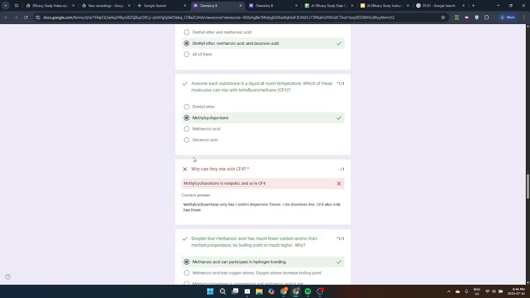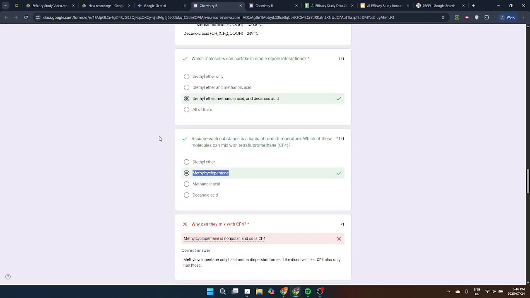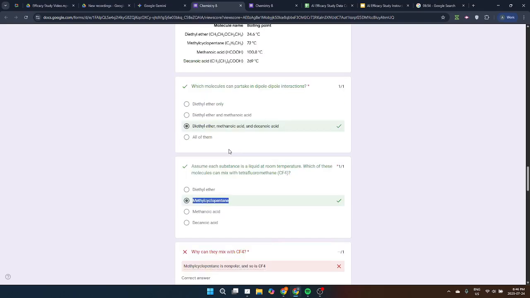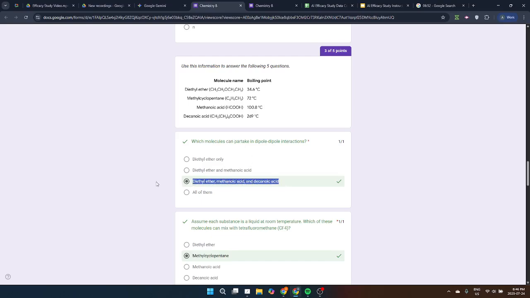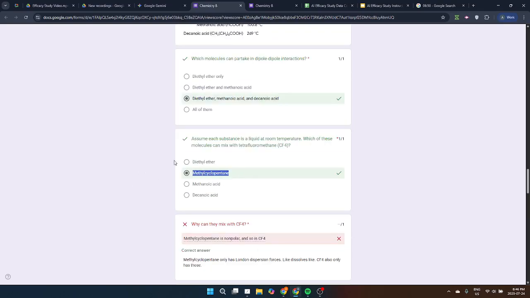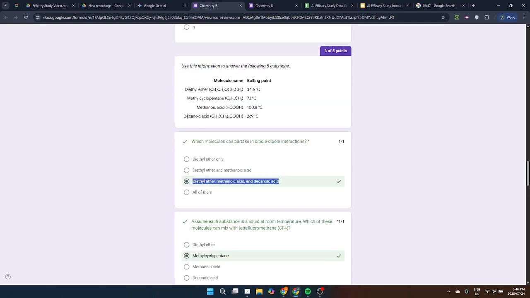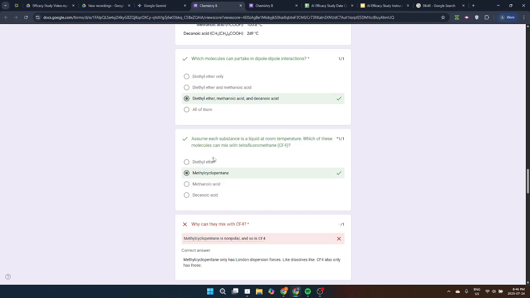Okay, so again, I put the alkane because of my answer here. If you choose this, you're saying that these three molecules are polar, but methyl cyclopentane is not. Methyl cyclopentane is nonpolar, and tetrafluoromethane is also nonpolar because its structure points to the fact that it's nonpolar.